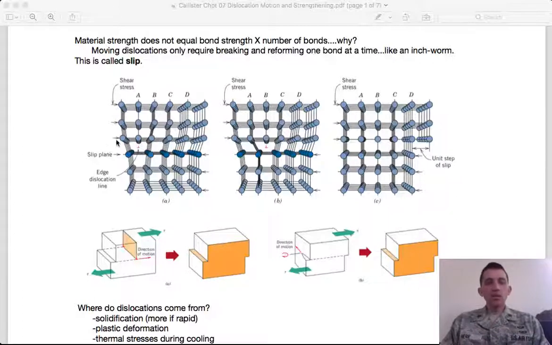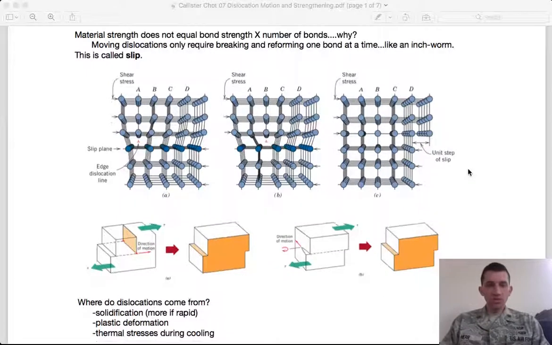And in an inchworm kind of piecewise fashion, this dislocation can work its way across the crystal structure until it reaches the end of the crystal, in which case you have no more dislocation and you have a step. So what I have is the movement of atoms, a rearrangement of atoms, which we call plastic deformation, via this piecewise movement of dislocations.